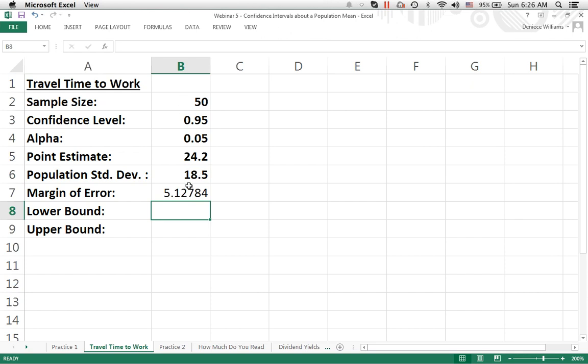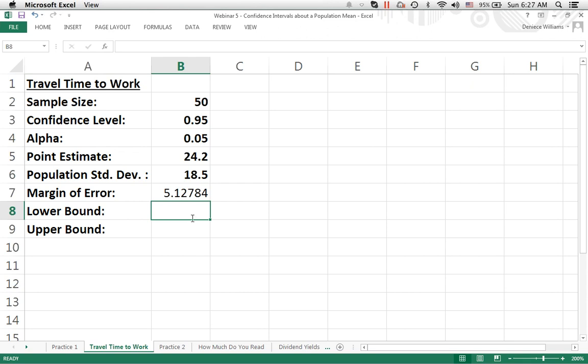So this is my margin of error. Remember, the margin of error is the number that is on the right side of this confidence interval formula. Now, after I use Excel to calculate my margin of error, I'm not finished. I need to go ahead and calculate my lower bound and my upper bound.